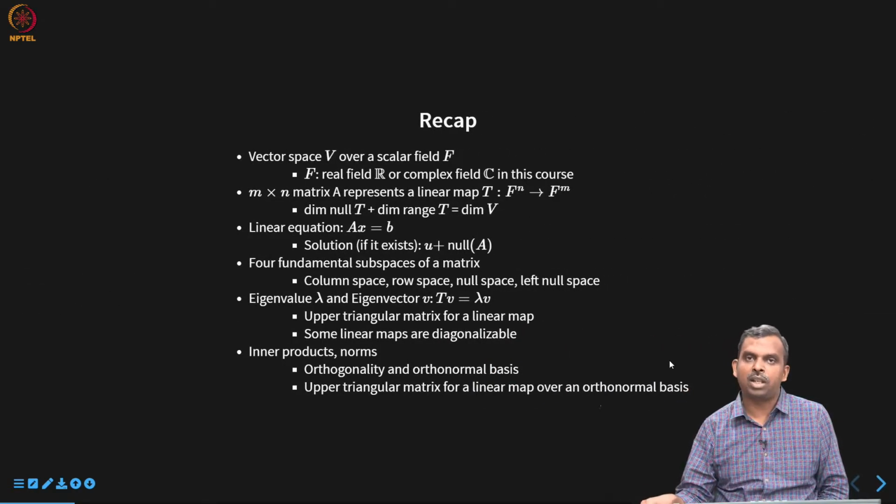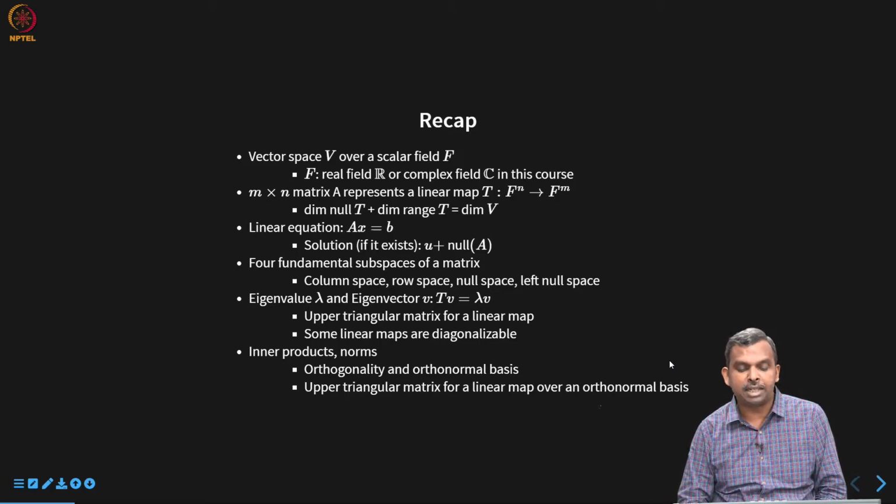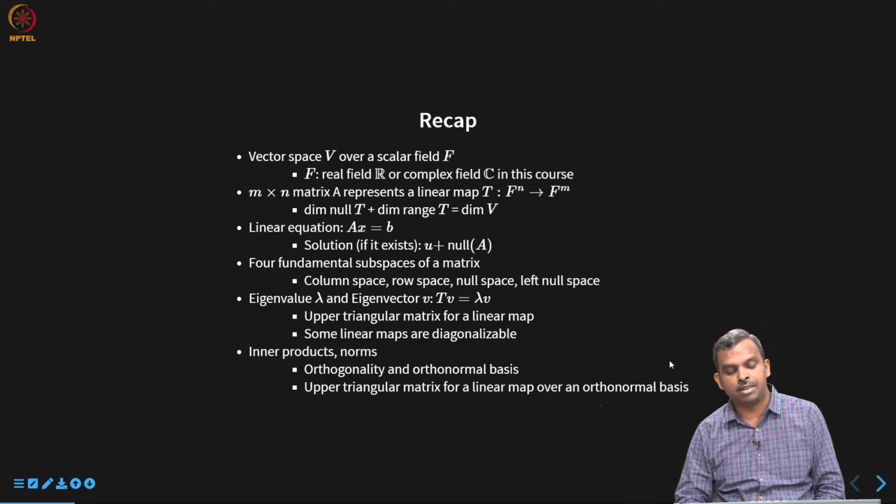Quick recap: we've been looking as usual at vector spaces over a scalar field, real or complex. We've seen matrices are very useful to represent these linear maps and work with them. There are nice results about the dimension of null space and range, the four fundamental subspaces and their relationship, and how they are useful in solving linear equations.